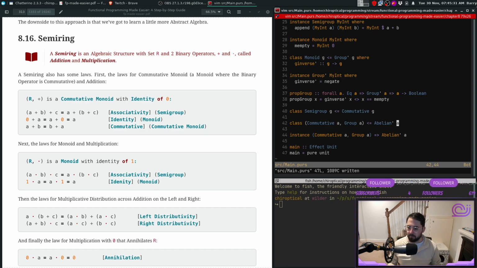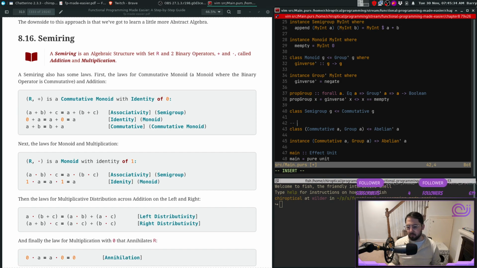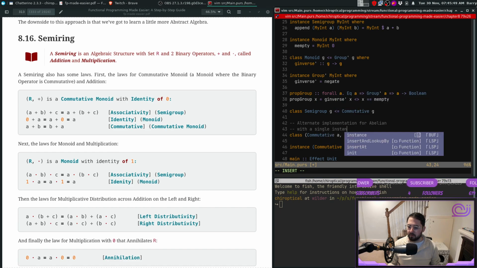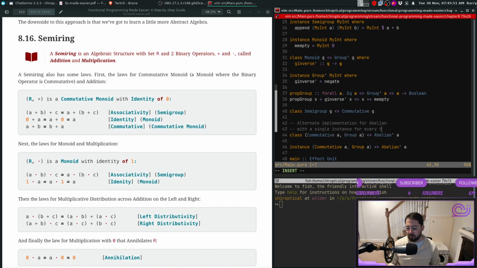So, alternate implementation for abelian with a single instance for every type.